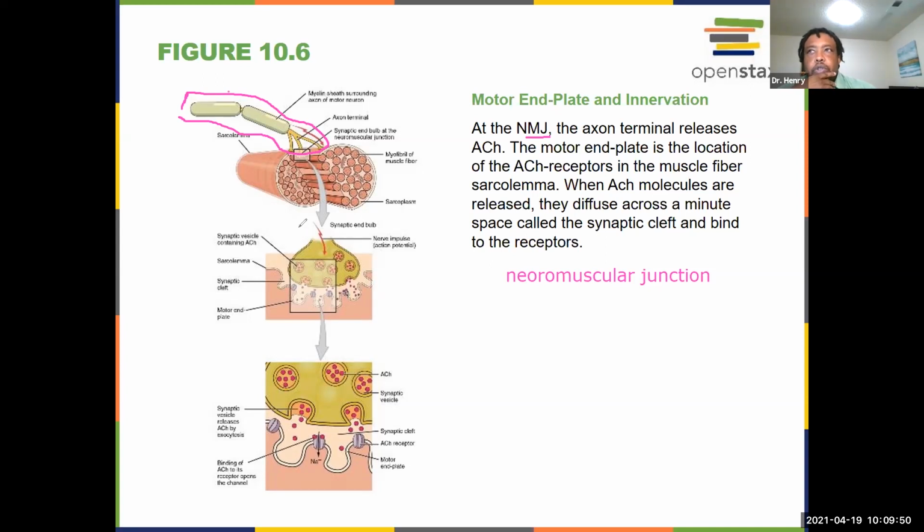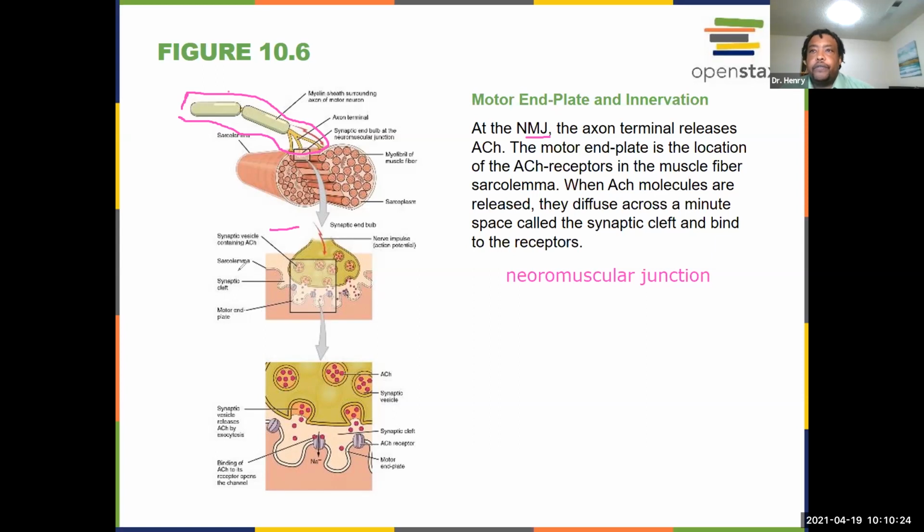If you take a closer look, you basically have your synaptic vesicles that are going to be releasing your acetylcholine, which is a neurotransmitter, a signaling molecule.